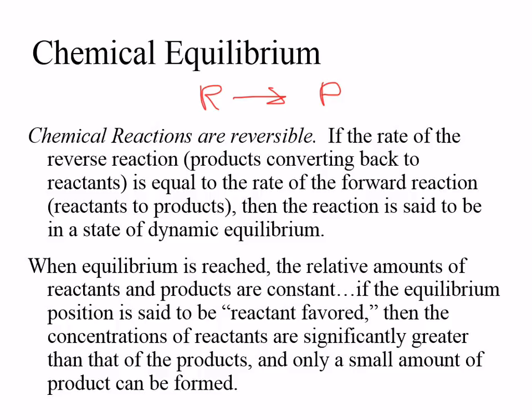Okay, but there are a lot of chemical reactions out there that not only do we say go from left to right, but they also go from right back to left again. Notice I drew another arrow in there. So you're like, dude, some of it goes to form products, but the products actually go back to form reactants. So it's kind of a seesaw-y back and forth. It's in what we say dynamic equilibrium.